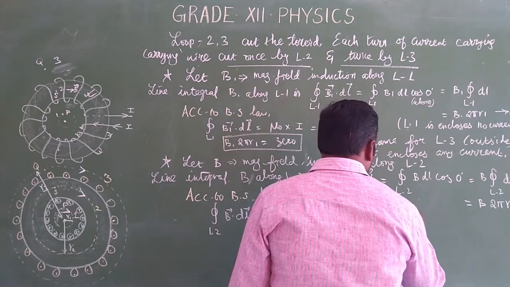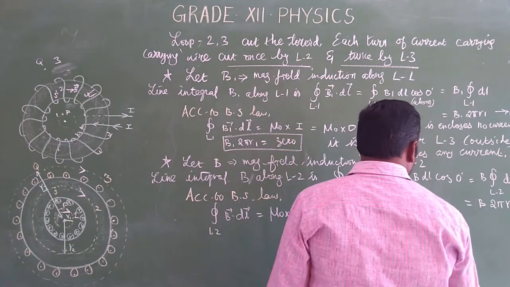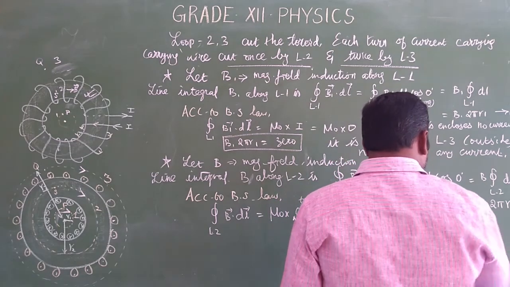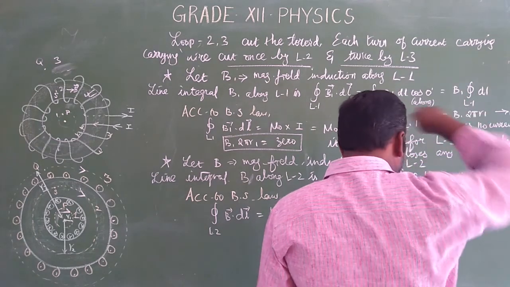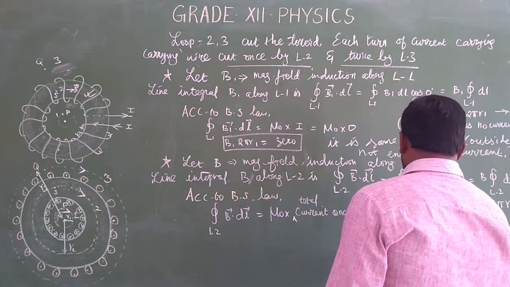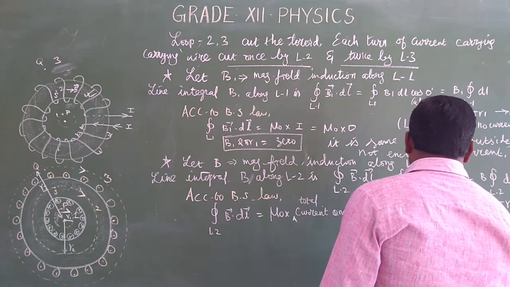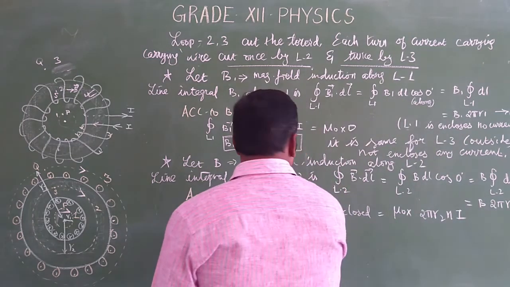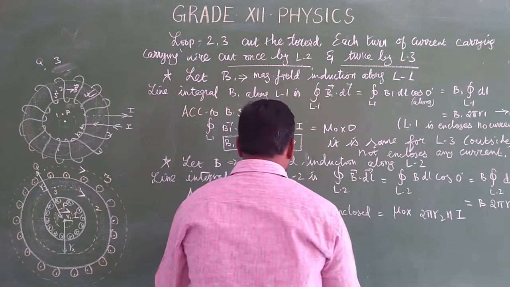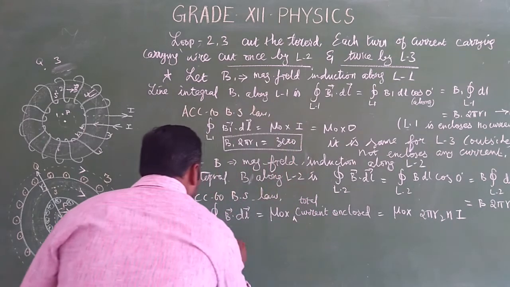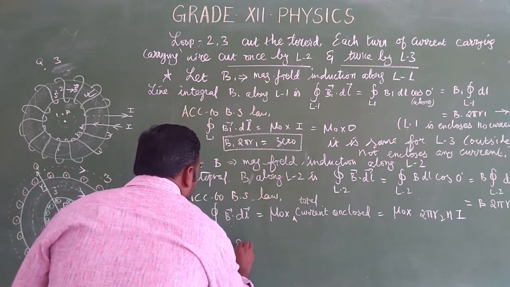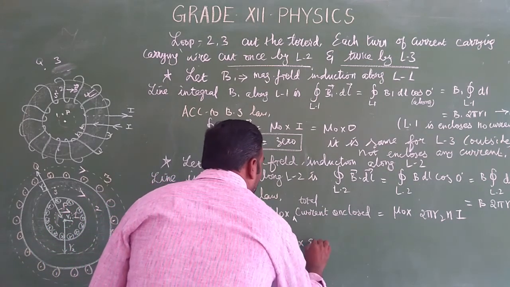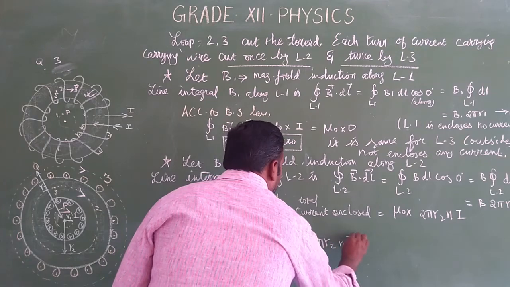Total current enclosed will be 2 pi R2 into Ni. Already we found this closed integral value, which is B into 2 pi R2, equal to mu naught into 2 pi R2 Ni.